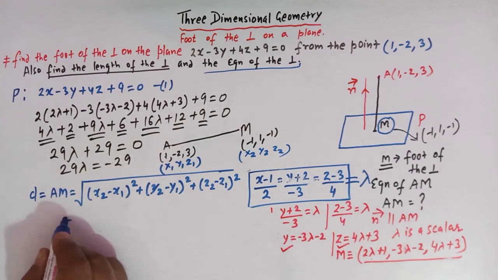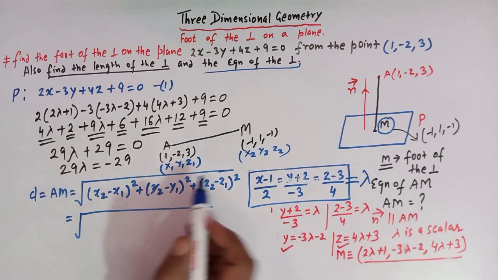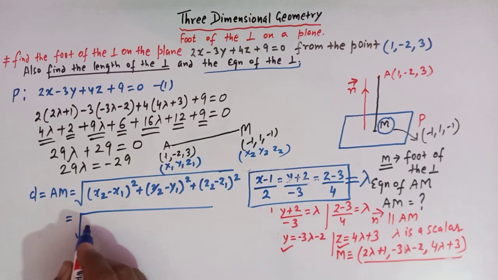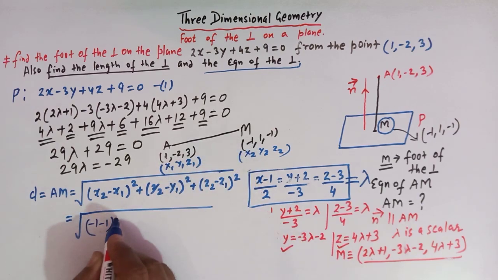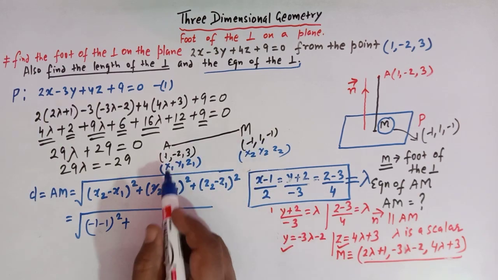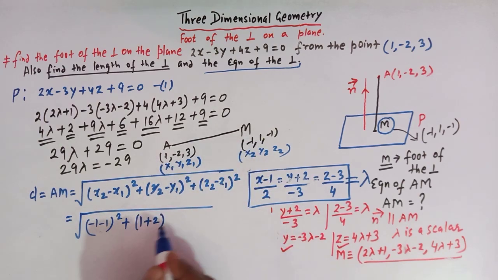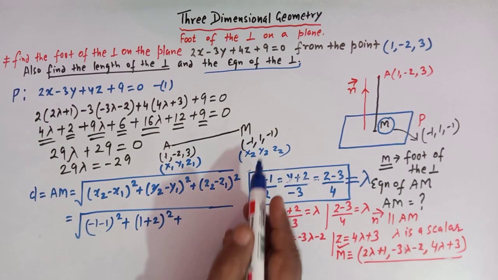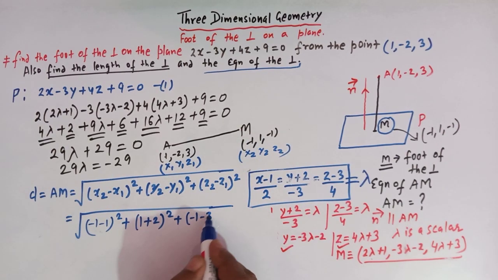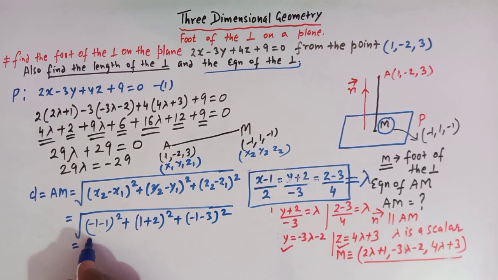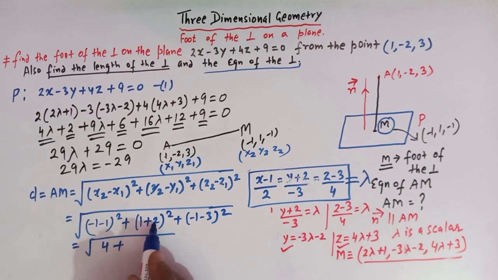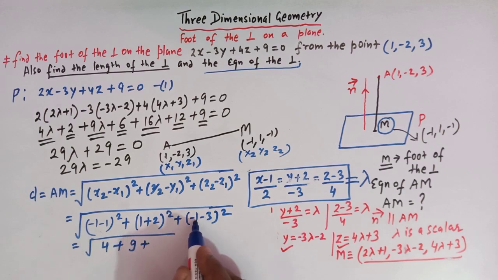So we can now have x2 minus x1, so we have (minus 1 minus 1) square, then (1 plus 2) square, and here (minus 1 minus 3) square, right? So this is minus 2 square, that is 4, this is 3 square, that is 9, and here we have minus 4 square, that is 16, right?